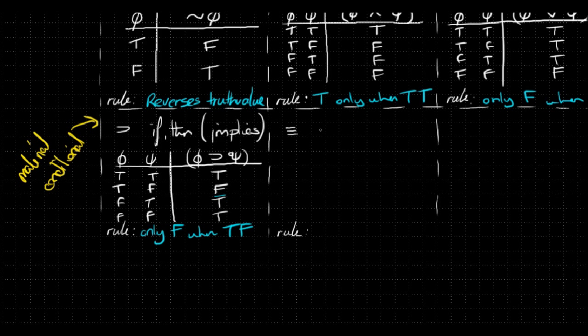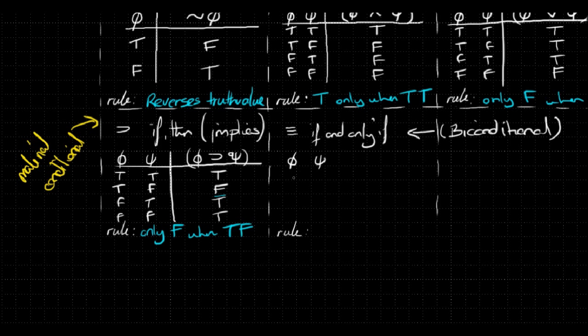Okay, finally, this is usually read if and only if, and this is the biconditional. Not enough space, but biconditional. So again, we're going to need two symbols.